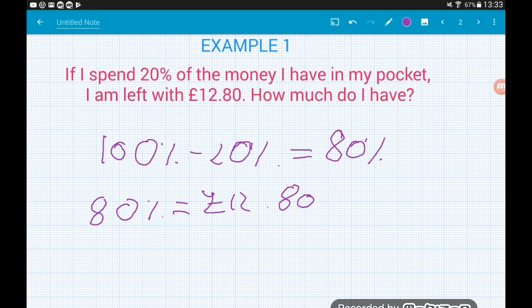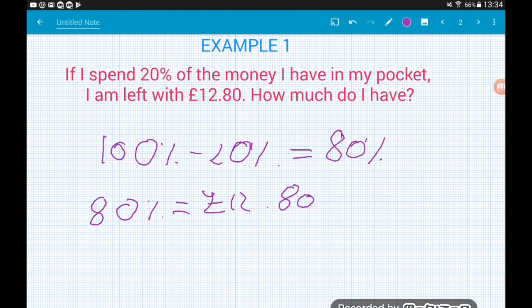So 80% of my original amount in my pocket was £12.80. Now, there are many different ways to do these questions. Some rely on your confidence being high with certain methods. We could use decimal multipliers. I'm going to show you a method in these 4 questions that works for any type of question like this, and hopefully it's not too tricky.